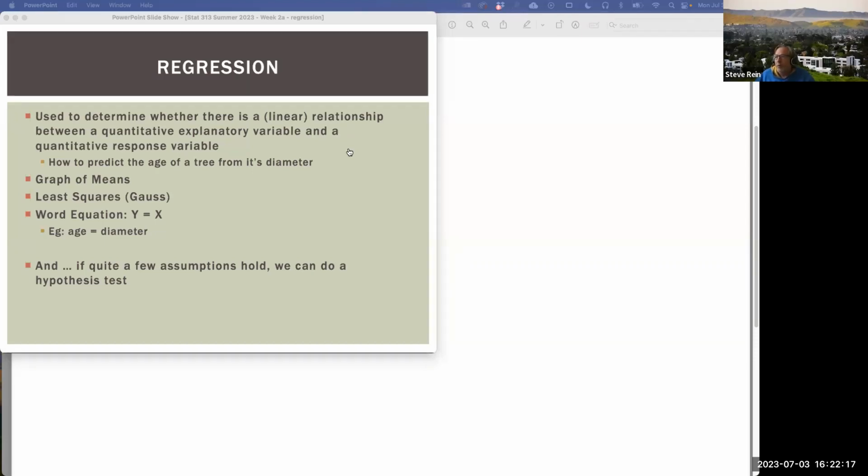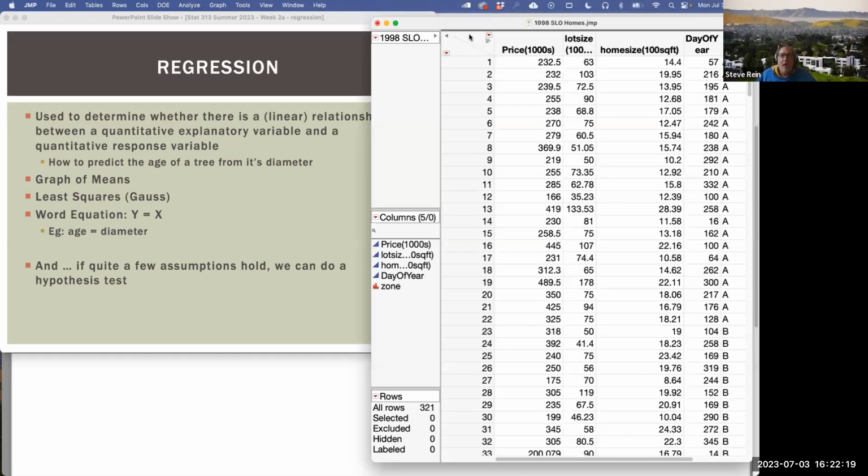Let me show you another example, and I'll show you with this concept of a graph of means. I've got data here on homes that sold in the city of San Luis Obispo in the year 1998. Now, you might be thinking that was a long time ago, and in fact, you're right. But the home prices are in one column here, and the size of the home is in hundreds of square feet.